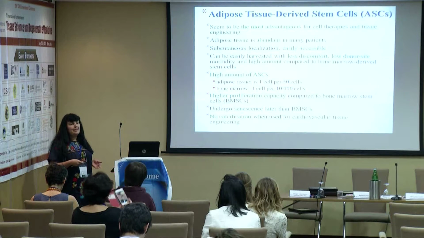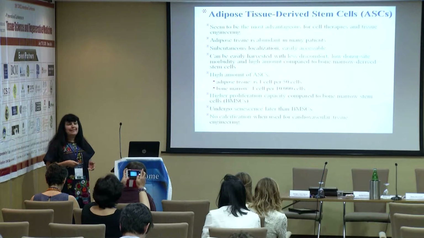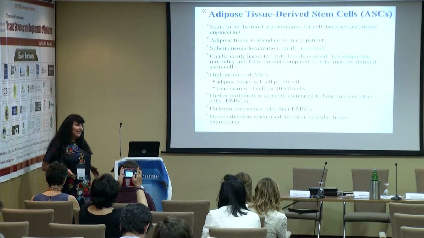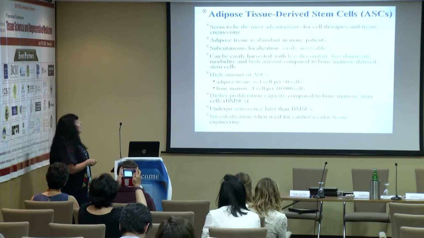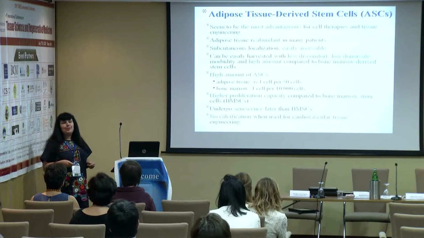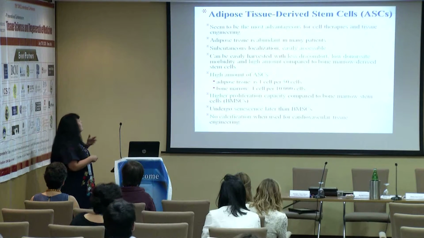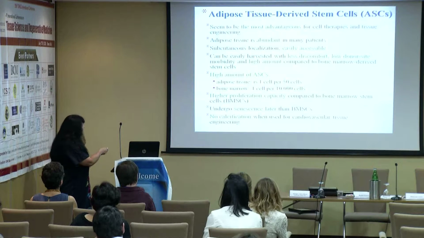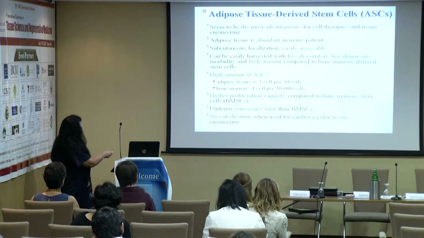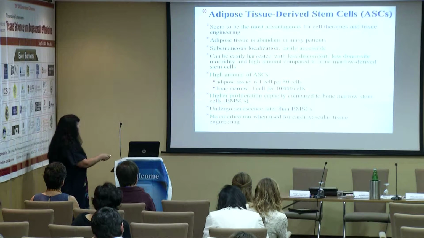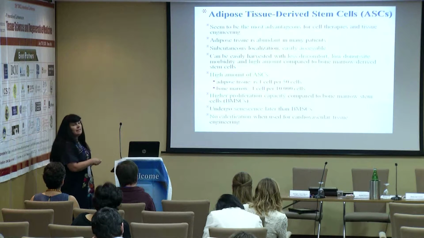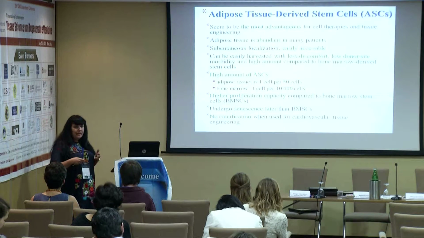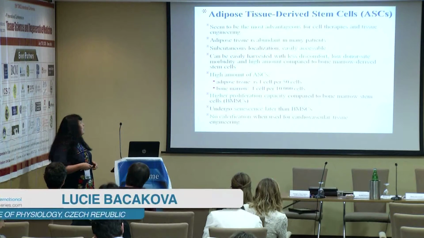And as I told, adipose tissue cells are especially advantageous because adipose tissue, unfortunately, in civilized society is abundant in most patients, including me, and adipose tissue is localized subcutaneously, under the skin, and so stem cells are relatively easily accessible, easier than from bone marrow.